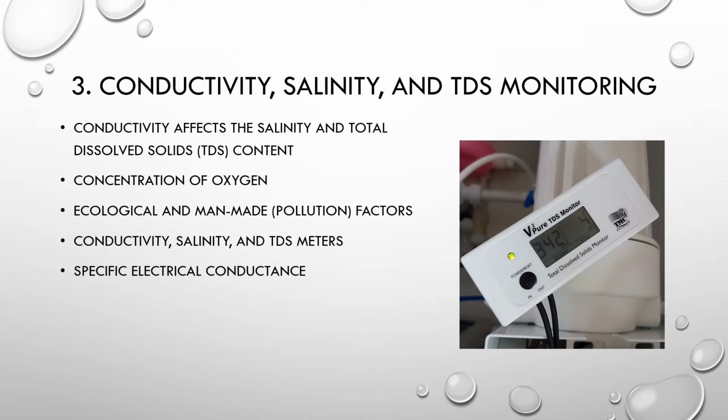Ecological and man-made pollution factors can increase or decrease the water body's conductivity. This monitoring can be done by conductivity, salinity, and TDS meters, by measuring the specific electrical conductance of electrolytes dissolved in the water.